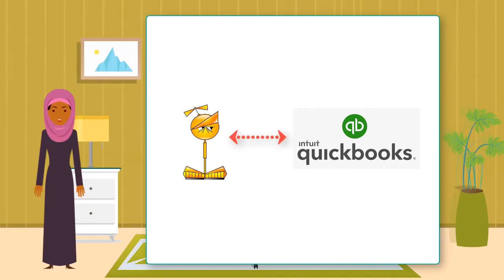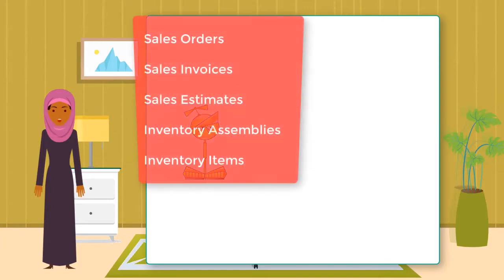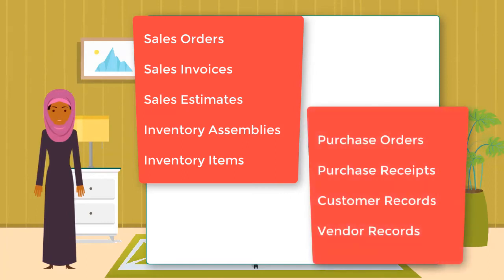The following information is extracted by Mars from tables in QuickBooks: sales orders, sales invoices, sales estimates, inventory assemblies, inventory items, purchase orders, purchase receipts, customer records, and vendor records. So there's no need to worry about maintaining this data anyplace else.